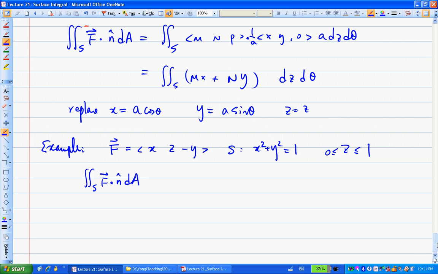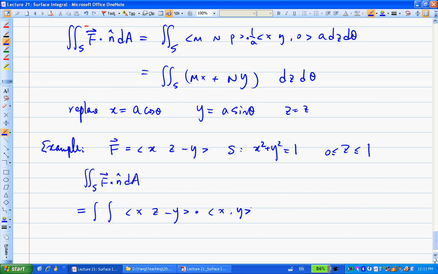Okay, yeah. So, it's quite easy actually. F is x, z, negative y, dot n hat. N hat is determined by the circle here. So the radius is 1, so there's 1 over 1 is 1. So x, y.